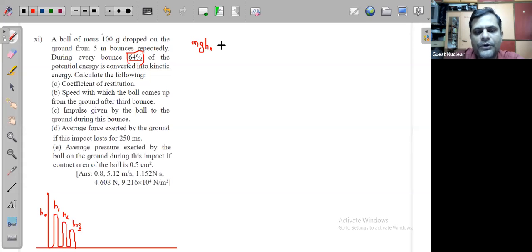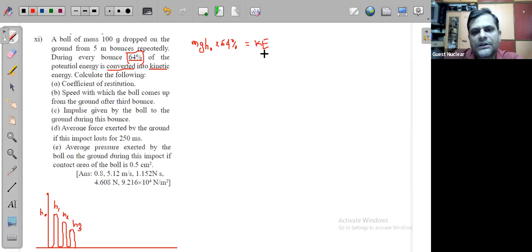This is the original potential energy, and we multiply it by 64%. So this is 64% of the potential energy, and that is converted into the kinetic energy. Okay, so this is actually going to be the kinetic energy.